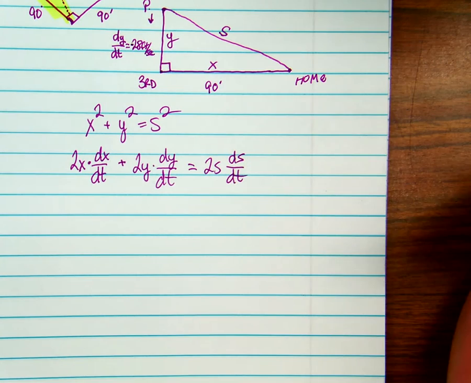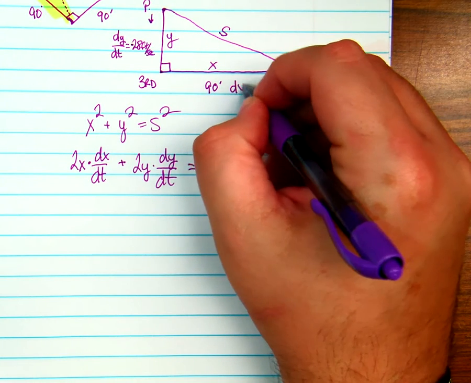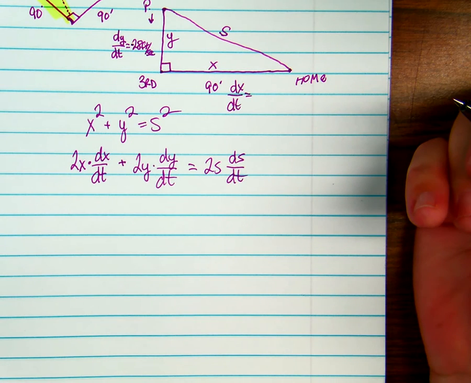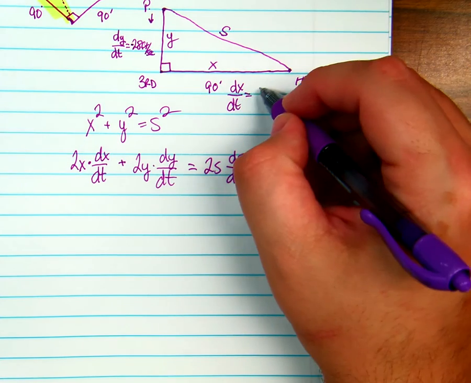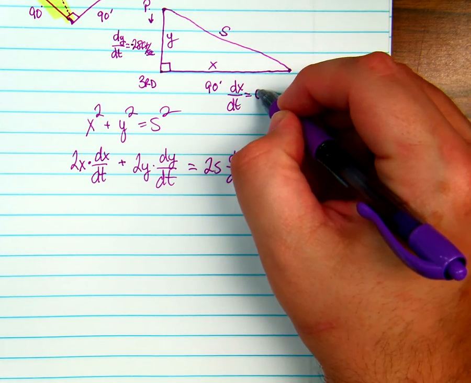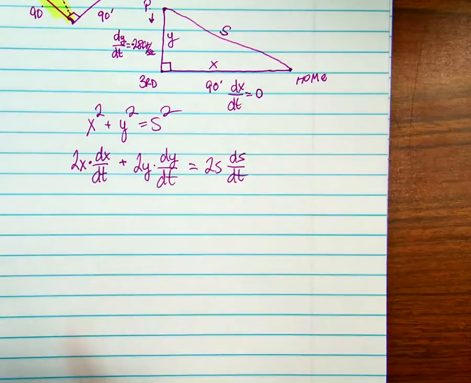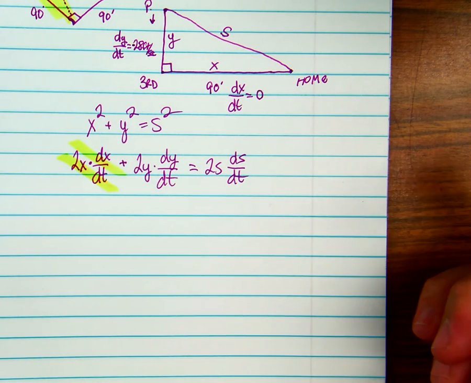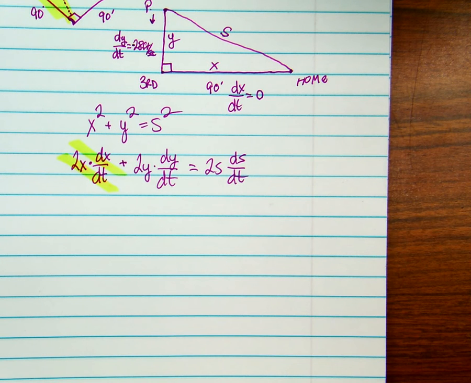All right, now if I examine this a little bit further, is the distance between home plate and third base ever changing? No. So the rate of change of that distance is 0. So what happens to the 2x dx/dt? That's going to be gone. You could divide everything by 2, but it's neither here nor there.